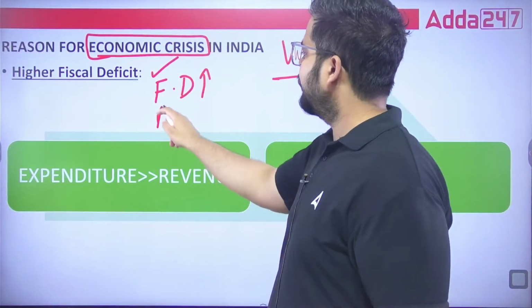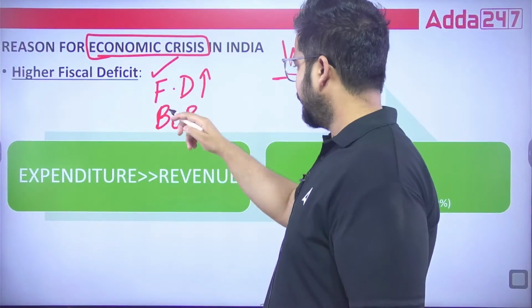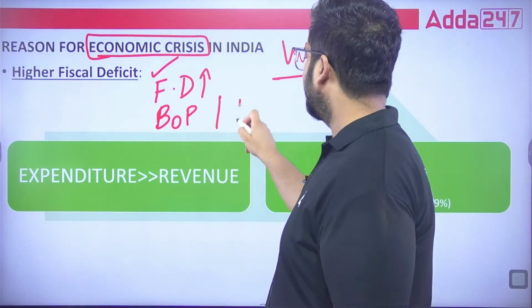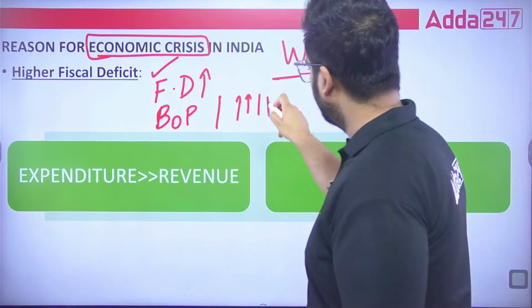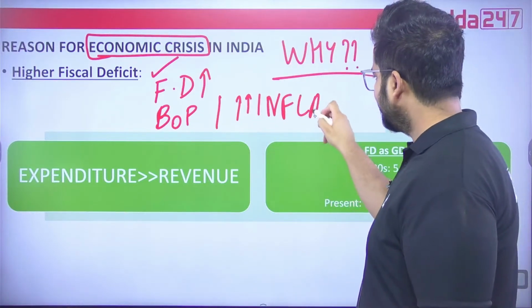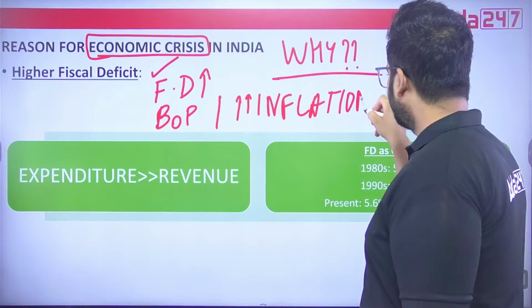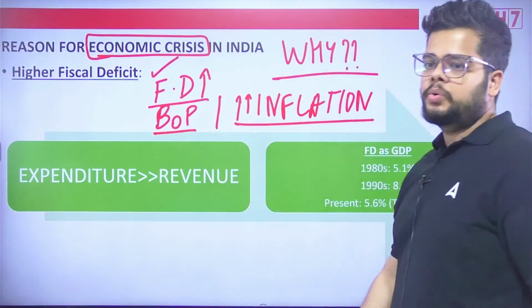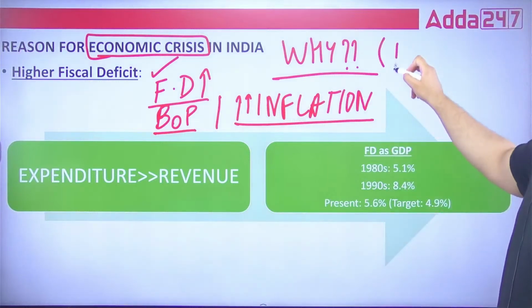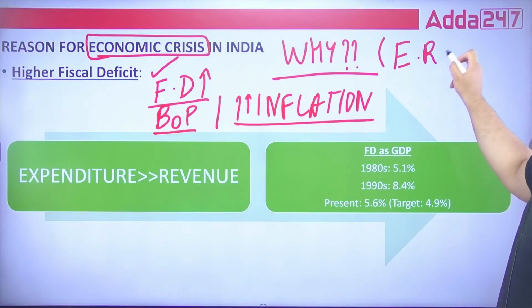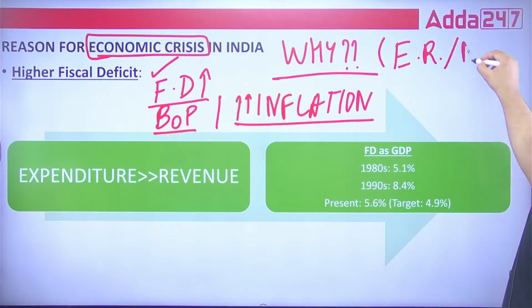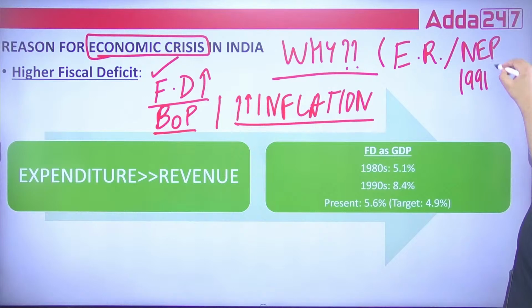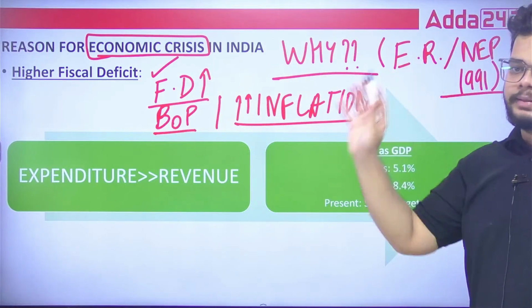Next, balance of payment crisis was happening, and also higher inflation was prevalent. So these 3 were the major reasons why we were forced to go towards economic reforms, or you can say the new economic policy of 1991 was introduced because of these 3 major reasons.